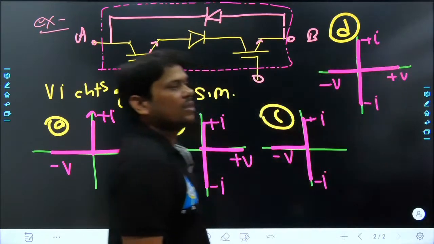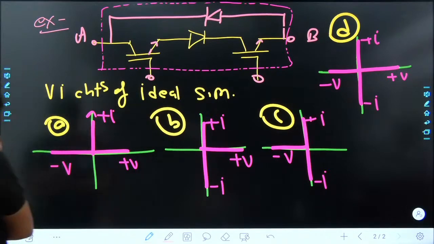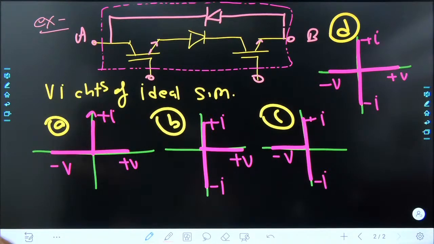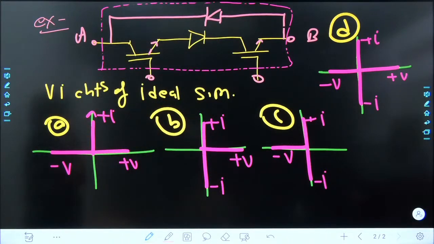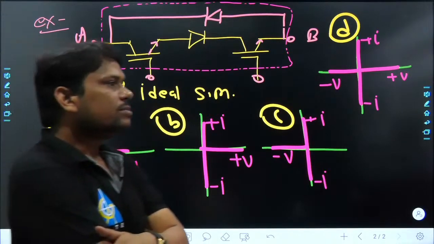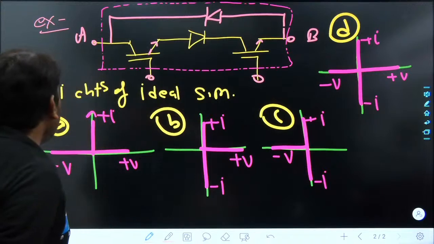These options you have. Yeah. So D, A, okay, A and D.